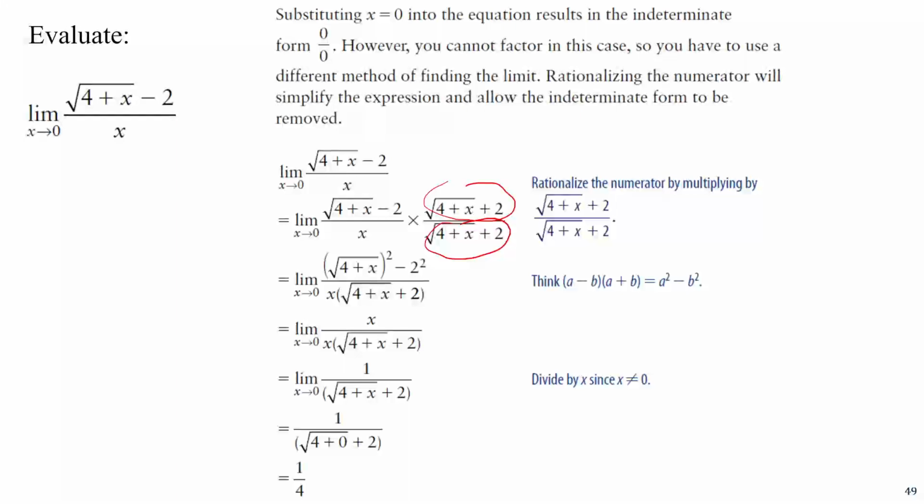And your denominator is x times (square root of 4 plus x plus 2), right? And then simplifying that gives you x over x times (square root of 4 plus x plus 2). So x can be cancelled with x here. And then when x approaches 0, this function will approach 1 over (square root of 4 plus 0, plus 2), which is 1 over 4. Did you get it?